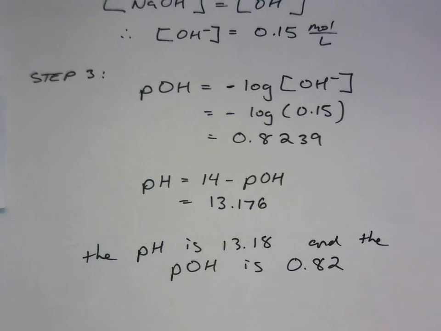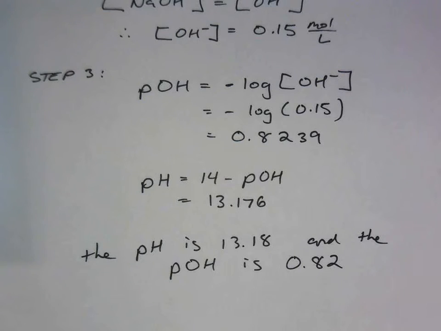The last question says 1 milliliter of 1 mole per liter HCl is diluted to 500 milliliters. What's the new pH? So for number 2, I have a dilution problem.